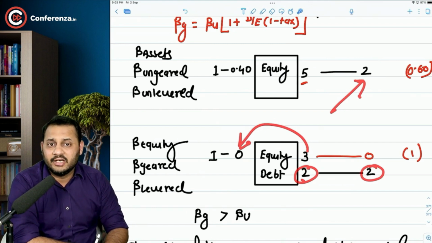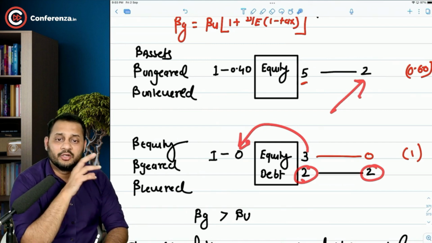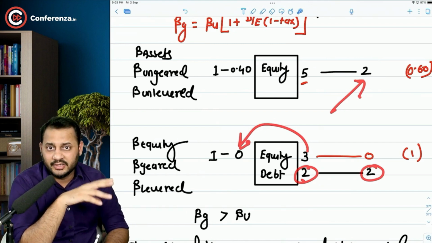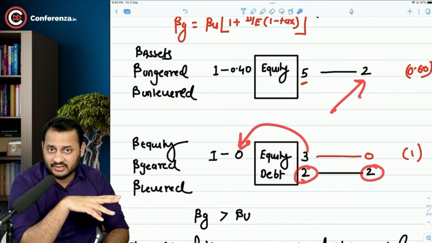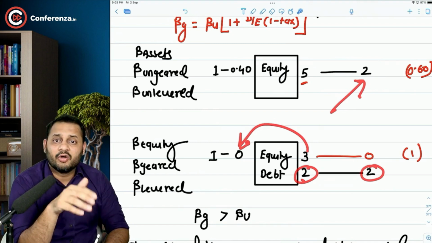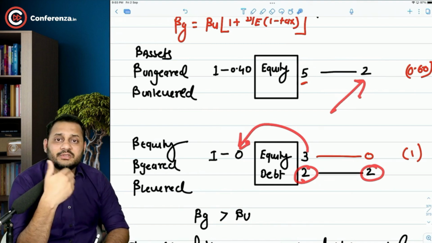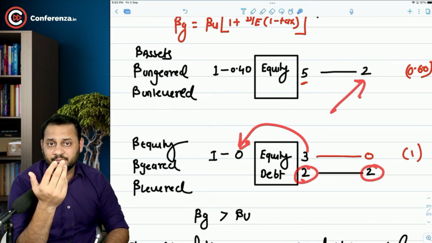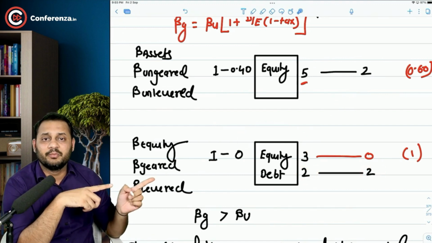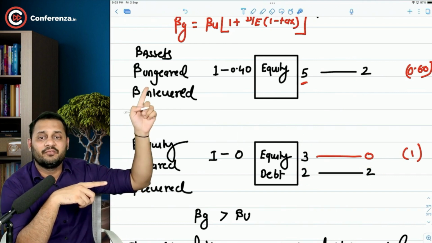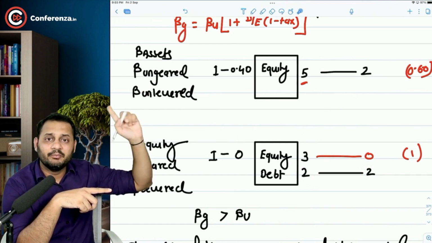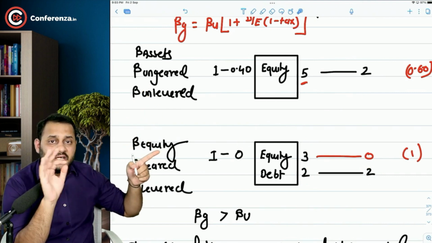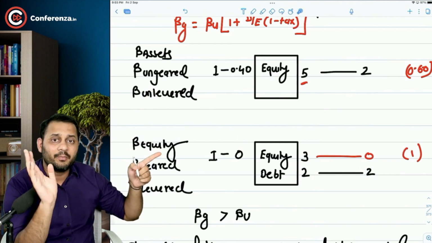What does that mean? It means that if you raise funds through debt in the company, then your risk becomes higher. The beta of such a company will be higher than the beta of the company without debt. Because in case of liquidation, equity holders will not get the priority.